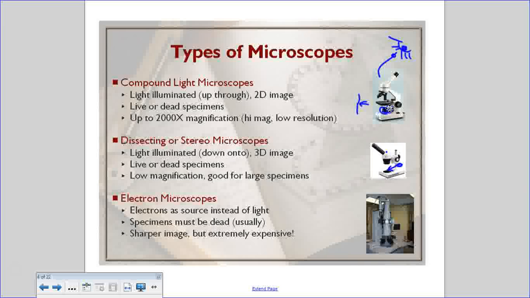The light source is right here. Light is sent up from the bottom, up through the specimen, and then up through the objective lens, which magnifies it. Then the image is carried up through the body tube, up through the ocular or eyepiece. There's a lens there that magnifies it a second time, hence compound microscope, before it gets to your eye.